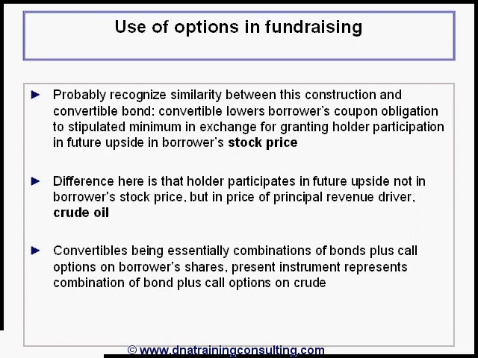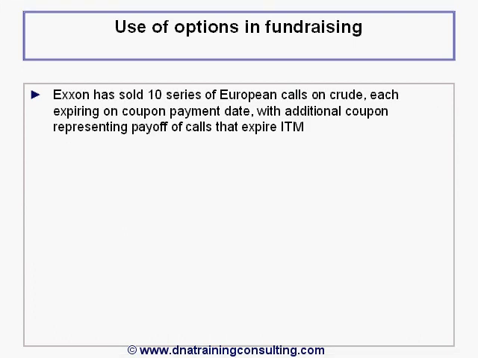More specifically, in the structure we have described above, Exxon appears to have sold 10 series of European calls on crude, each expiring on a coupon payment date, with the additional coupon under the bond representing the payoff, if any, of these calls when they expire in the money.